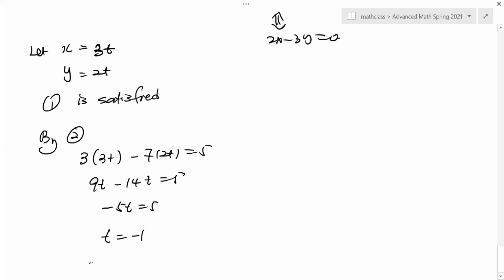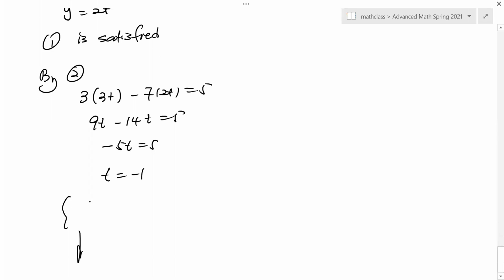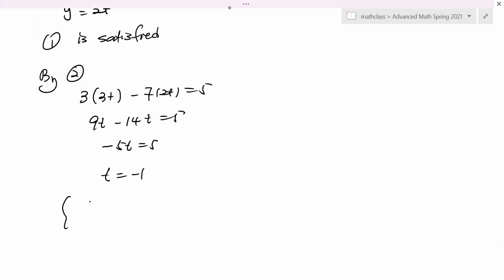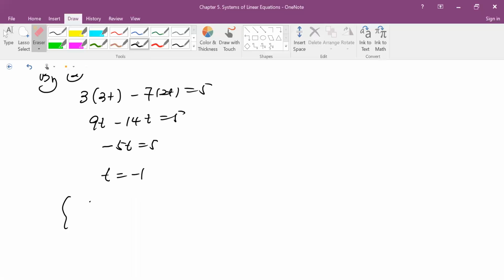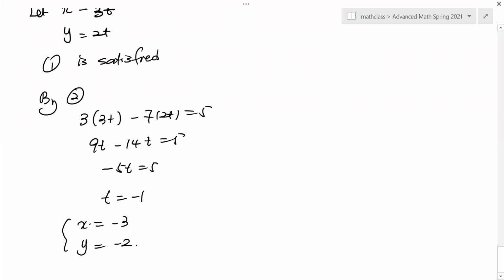Once t is negative 1, you can get the x value and the y value. x equals 3t, so x is going to be negative 3, and y equals negative 2. And that's the best way to do it once you see the ratio of the two variables.